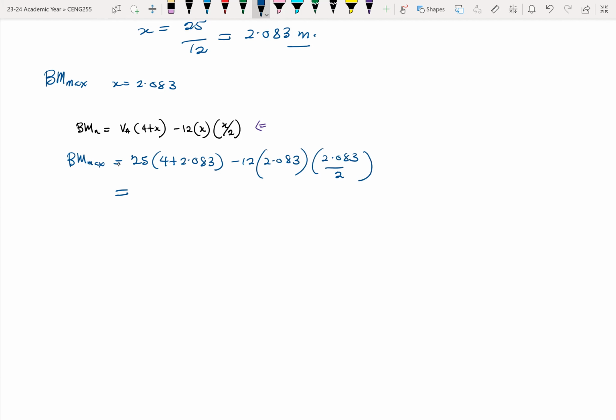And this will give us what? Anyone with a calculator can check the value for me, please. So this should give us 126.05, I believe. Am I correct?